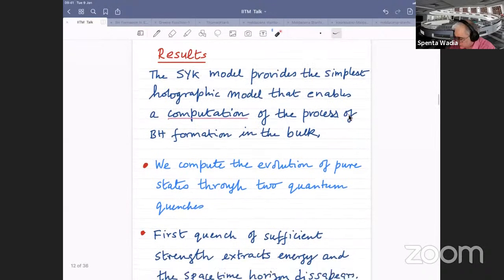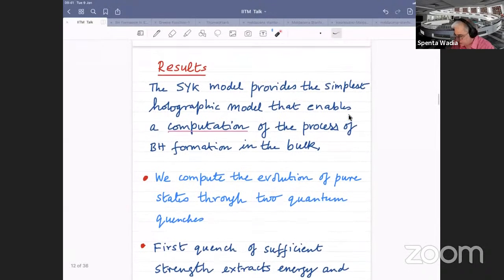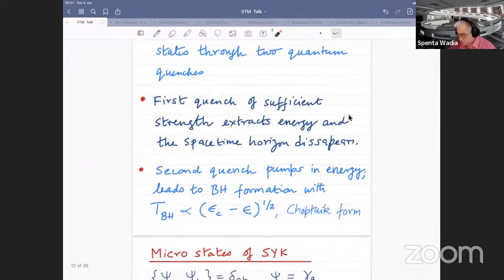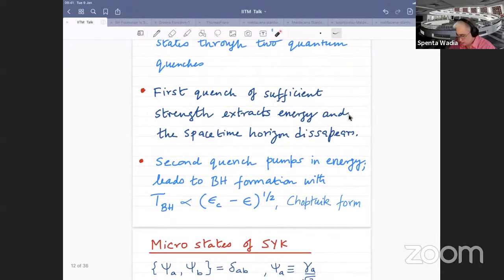Before you all fall asleep, let me tell you what the main results are, at least some part of it. The SYK model provides the simplest holographic model that enables a computation of the process of black hole formation in the bulk. So we compute the evolution of pure states through two quantum quenches. The first quench of sufficient strength extracts energy, and the space-time horizon disappears.